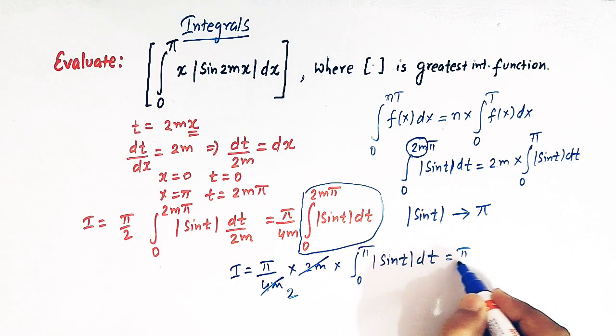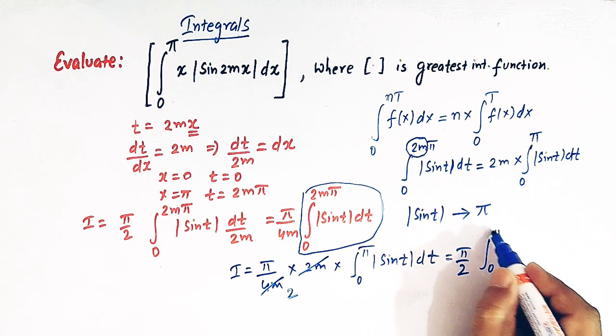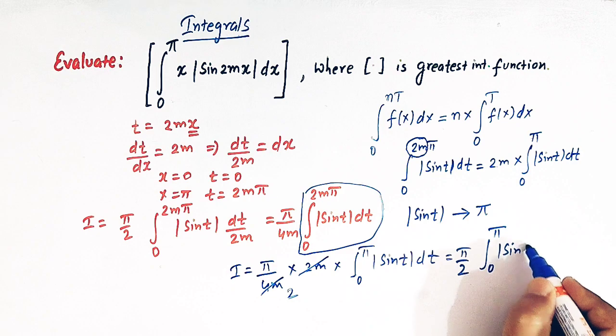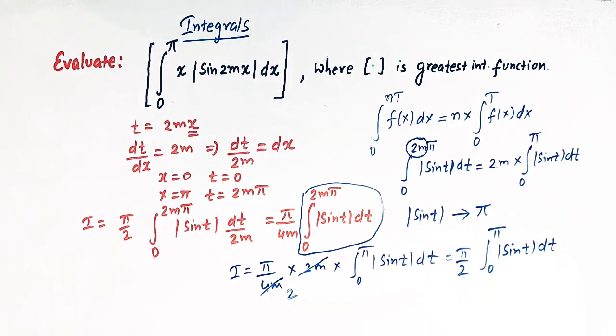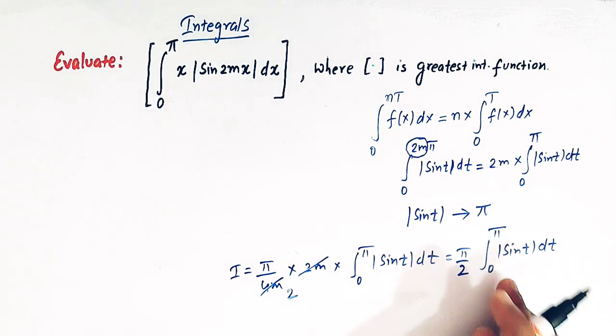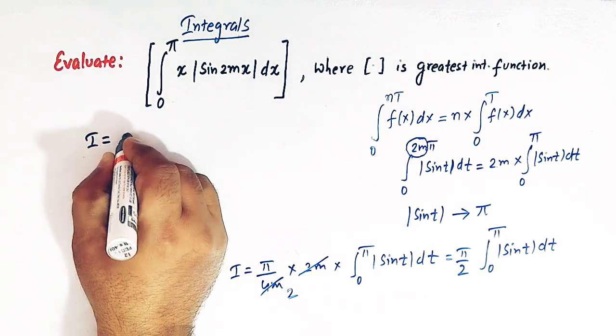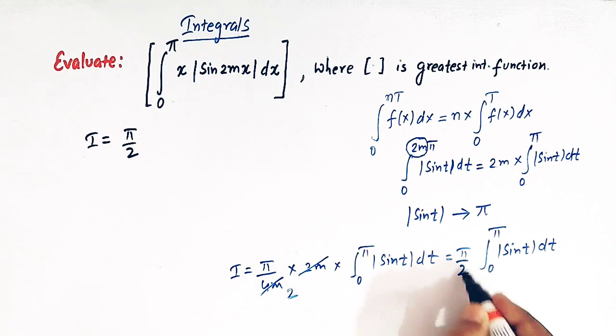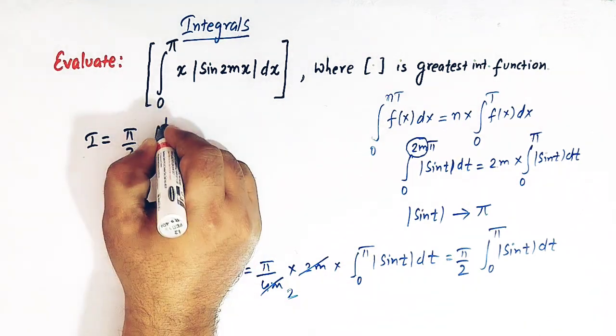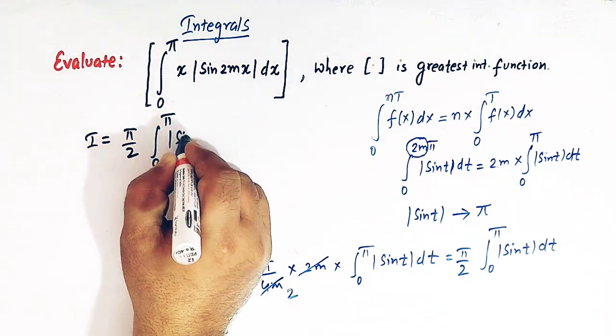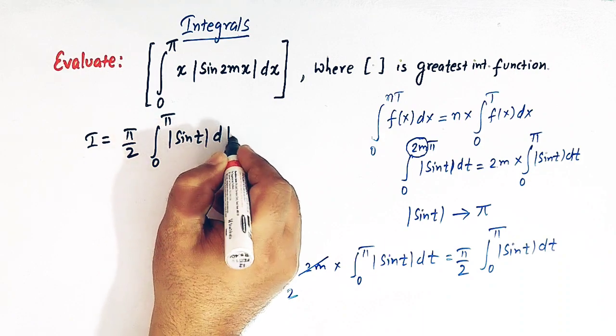So this is pi over 2 times the integral from 0 to pi of mod of sine t dt. So now we have I equal to pi over 2 times the integral from 0 to pi of mod of sine t dt.